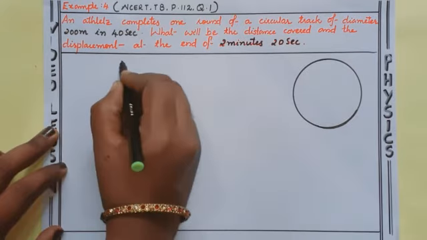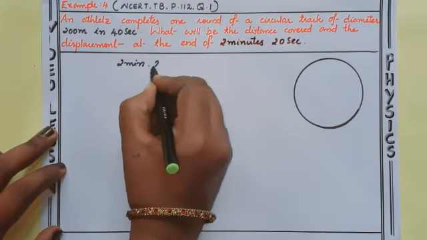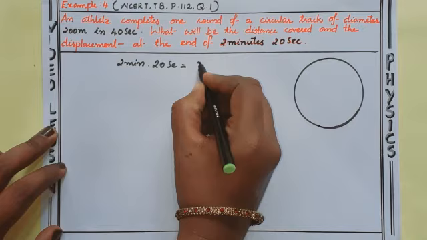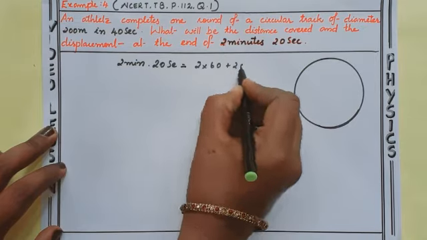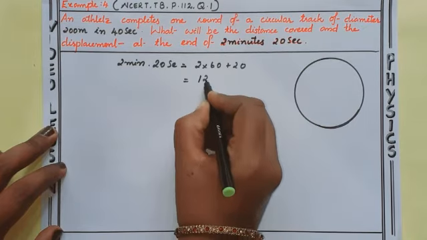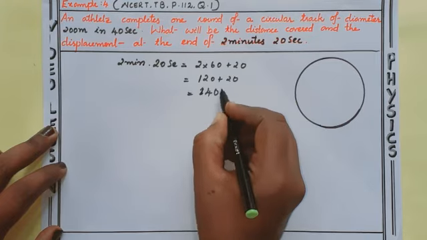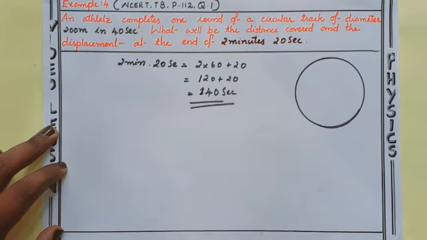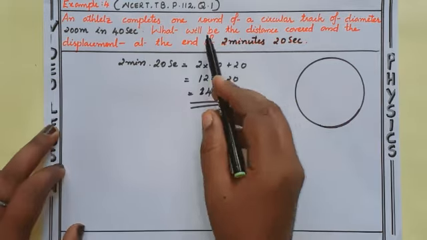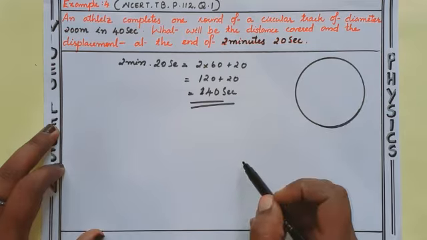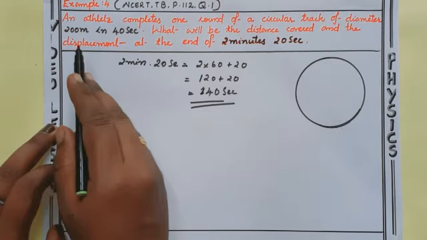Here 2 minutes 20 seconds is 2 into 60 plus 20. Then 120 plus 20 is equal to 140 seconds.